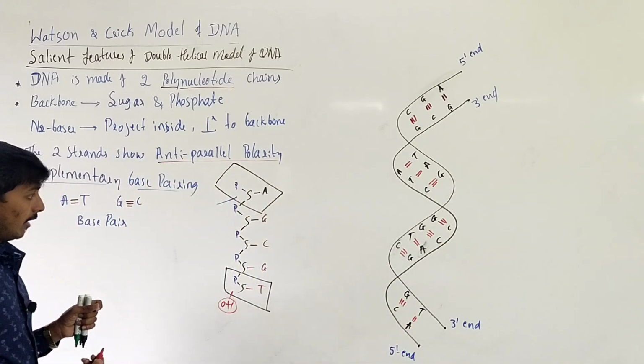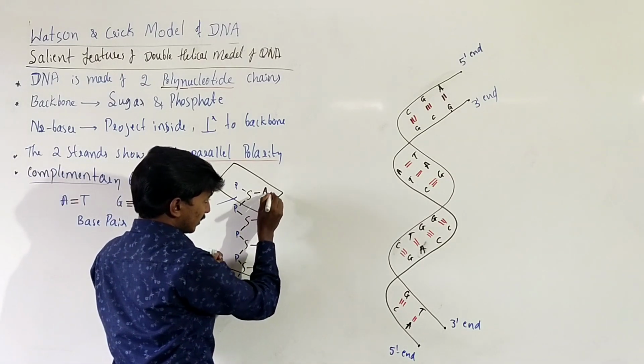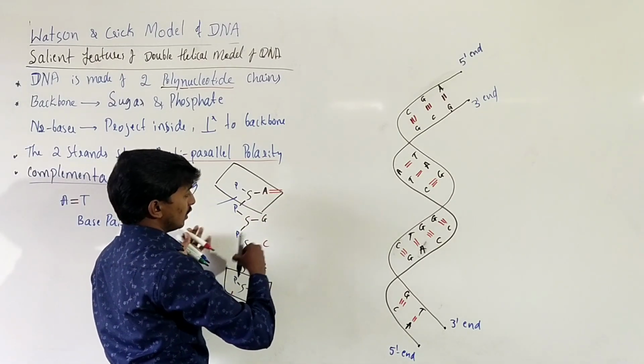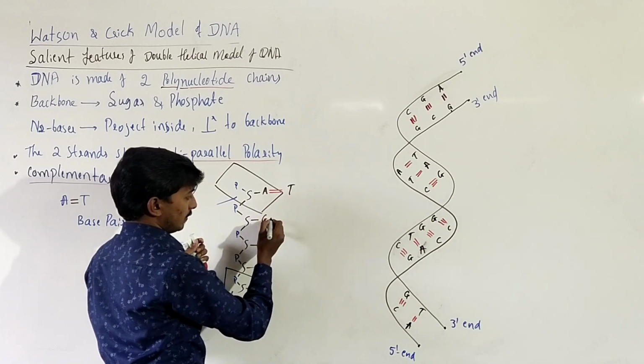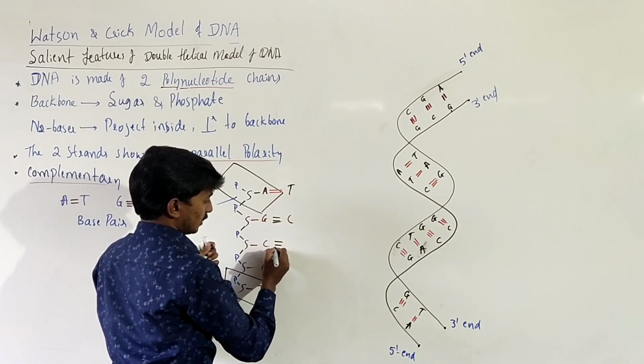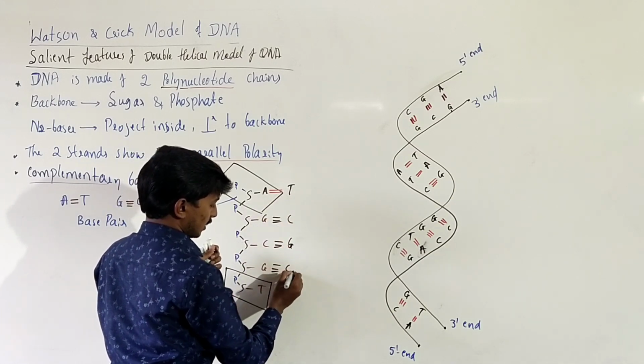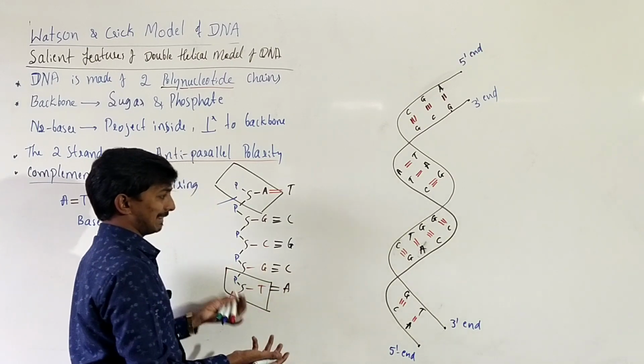Every nitrogen base will form 2 bonds with adenine-thymine and 3 with cytosine-guanine, like that.